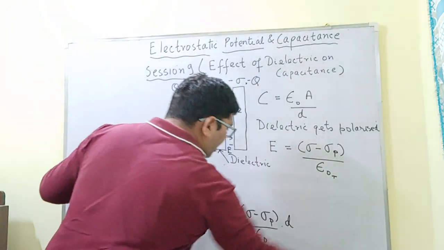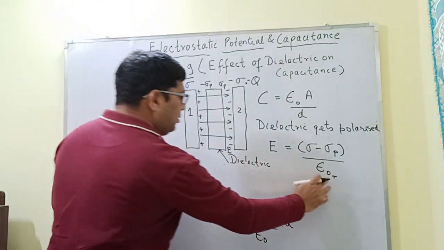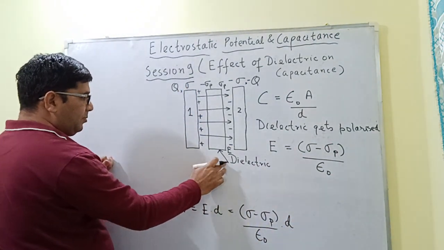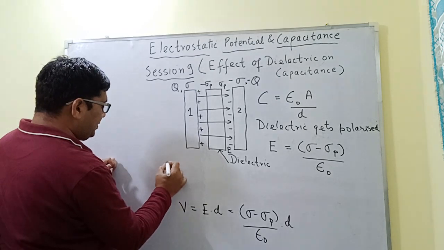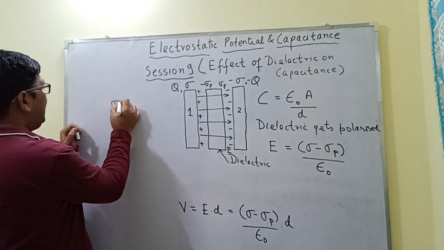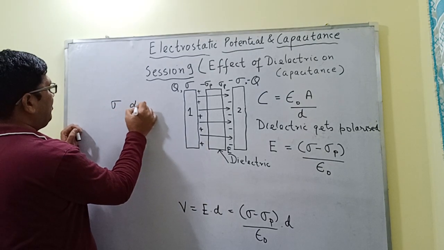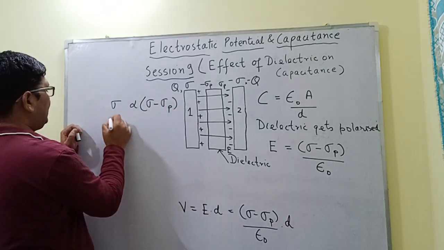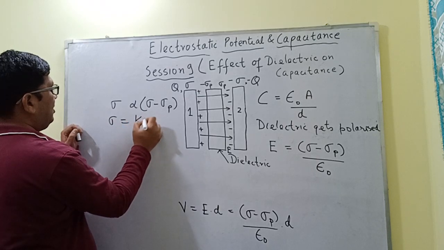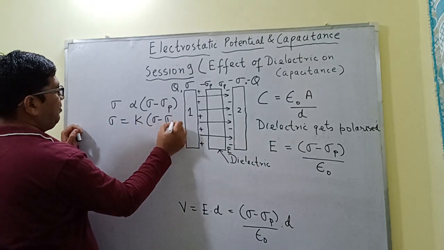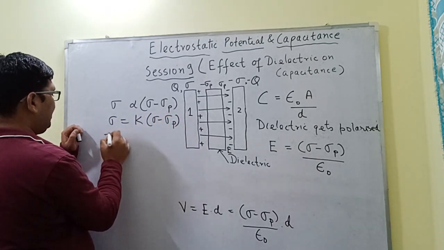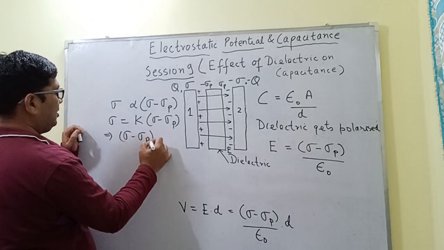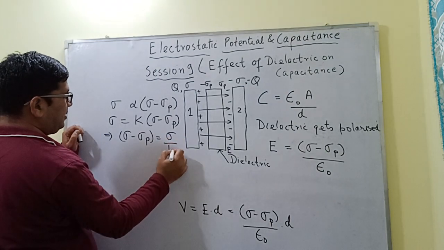As I have just told you, sigma is equal to k times sigma minus sigma p, so sigma minus sigma p is equal to sigma upon k.